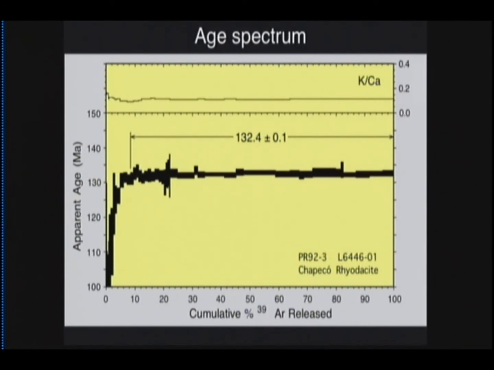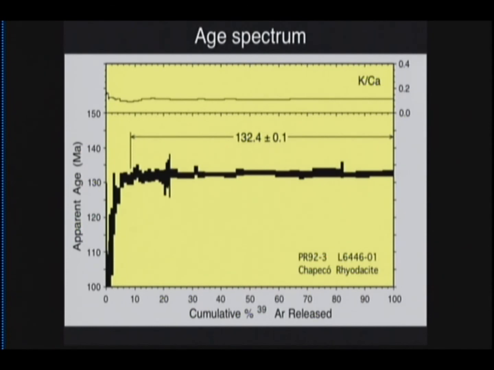In this case, this is multiple crystals of plagioclase from a rhyodacite in Brazil, which is more or less at the end of the Paraná continental flood basalt province. And as we heat the sample incrementally, we analyze the gas that comes off after we heat it to, say, 300 degrees C, and then 350 degrees, and then 400, and so on.